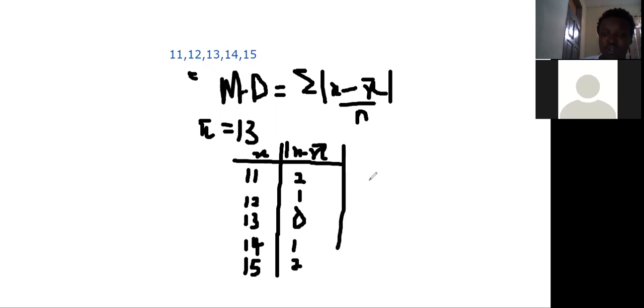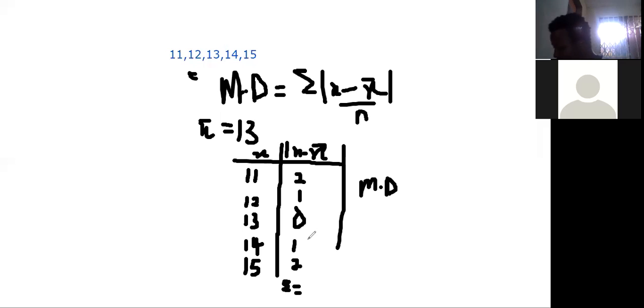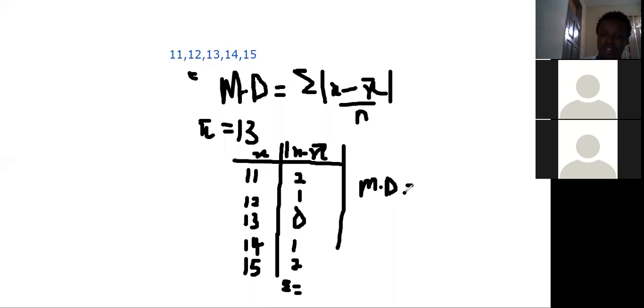So that is it. When we finish, our MD will be equal to the sigma of this divided by n. So what's the sigma of this? The summation of this is what? So this will be 6. So I'm going to get 6 all over n. N is 5.